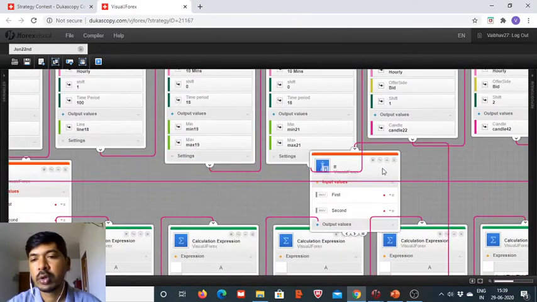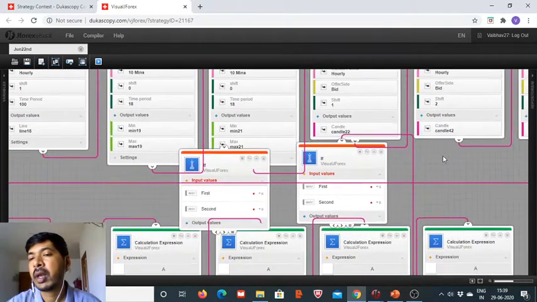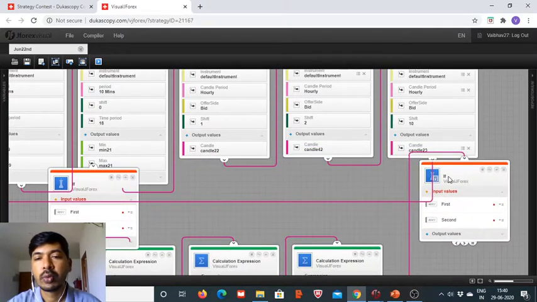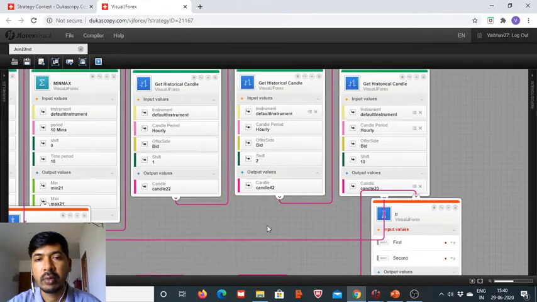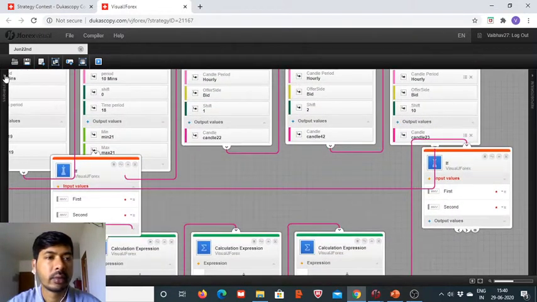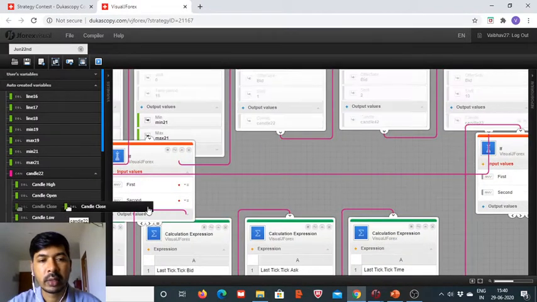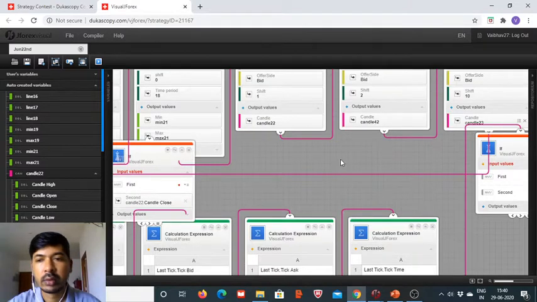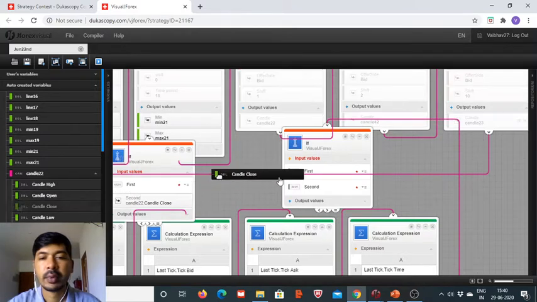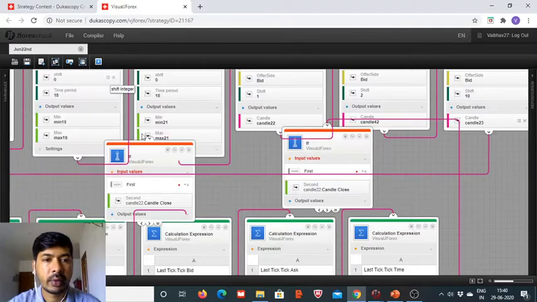That is to make sure that the order execution happens only when we have the price action moving below last hour's candle close, and to do that we have to take into account candle 22's closing levels again. So we take candle 22's close, all right, we got this.